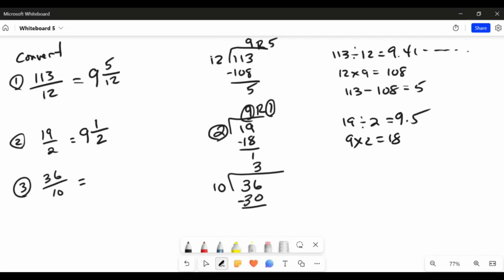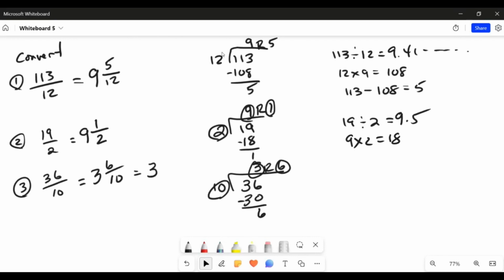Then when we subtract 36 minus 30, we get 6. And so the remainder part is 6. So this gives us 3 and 6 tenths. But that is not reduced.